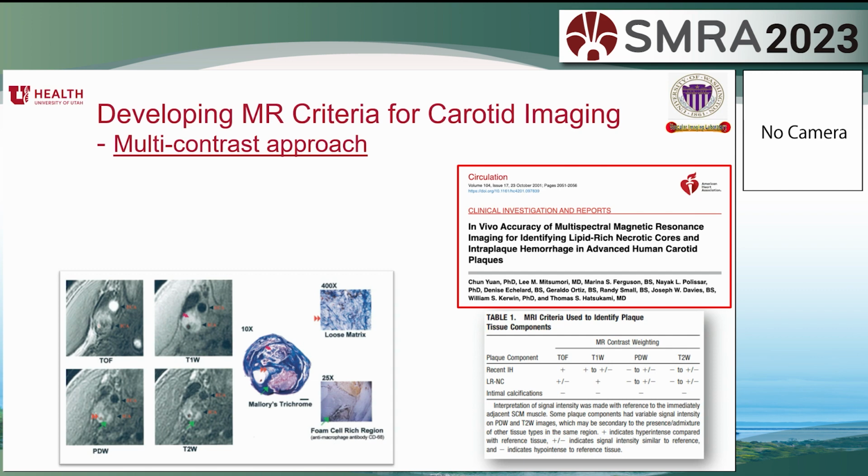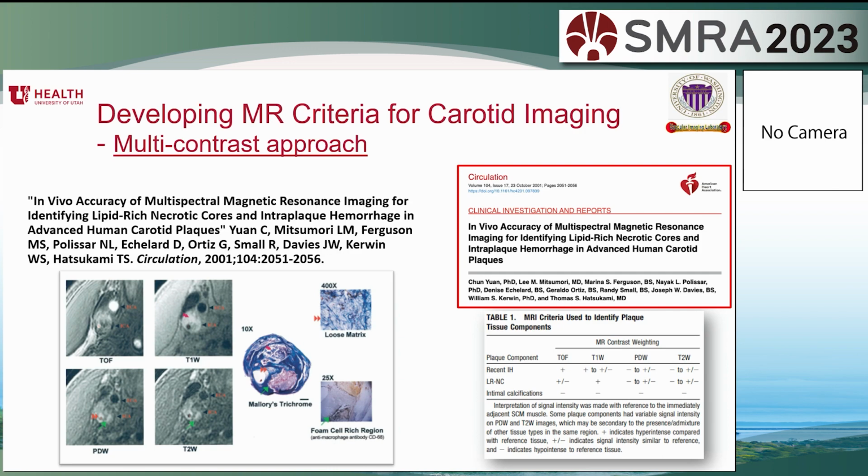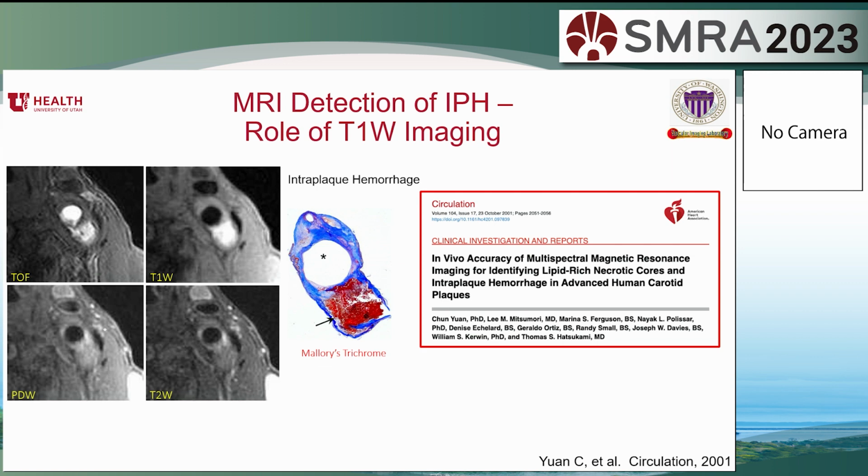In addition, in this paper, we started introducing not only multi-contrast, but also what contrast may actually be used for each type of tissue. And in that same paper, I think this was the first time we really looked into intraplaque hemorrhage, the bright signals on T1.